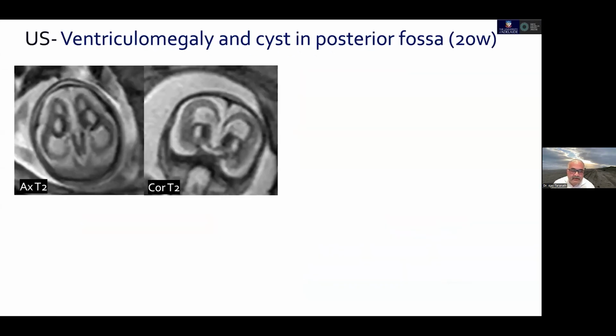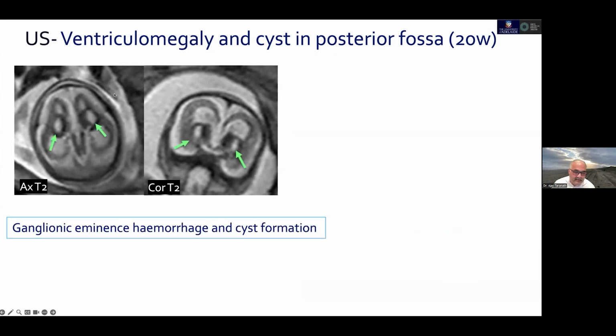A slight variation on the tubulopathy theme, which was this particular case where ultrasound showed ventriculomegaly and a cyst in the posterior fossa at 20 weeks, where you can see these cystic areas involving the ganglionic eminences. There is ventriculomegaly, thinning of the neuroparenchyma, significant thinning, seen on the coronal and axial T2 weighted images.